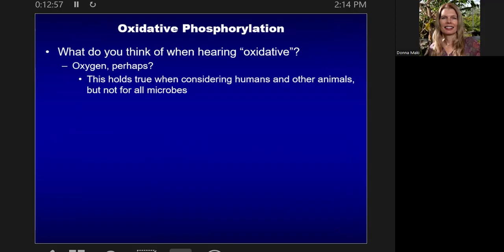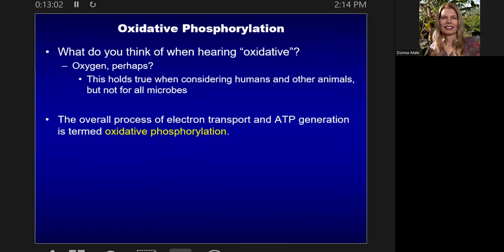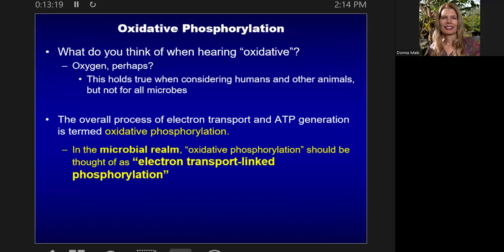All right, so with animals like us, yes, we use oxygen as the terminal electron acceptor, but with oxidative phosphorylation, that term oxidative really does apply more to the idea that you're stripping electrons off of something. You're oxidizing something. Okay, so don't equate it with oxygen. So really, in this class, I prefer that you think about oxidative phosphorylation as electron transport linked phosphorylation. Just think about it that way, with the idea that you're going to get electrons stripped off of one molecule, donated to another molecule.